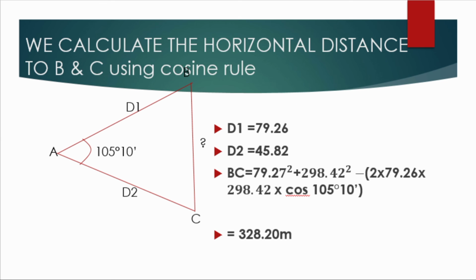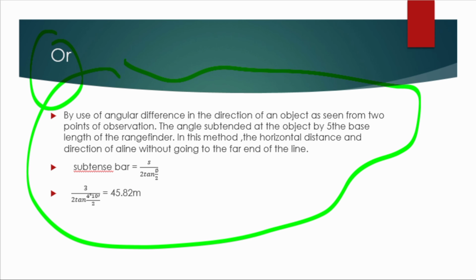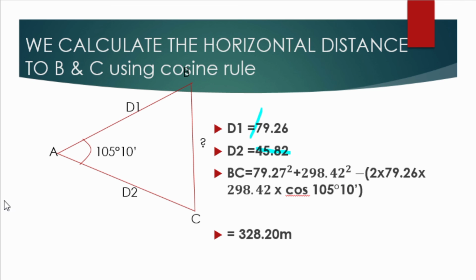So we calculate the horizontal distance of B to C using the cosine rule. This was what I was doing here: 45.82.